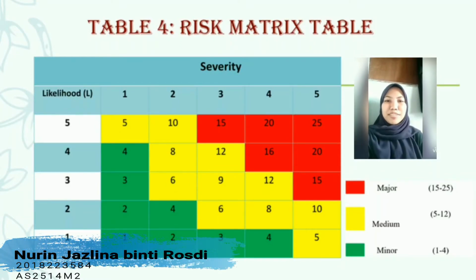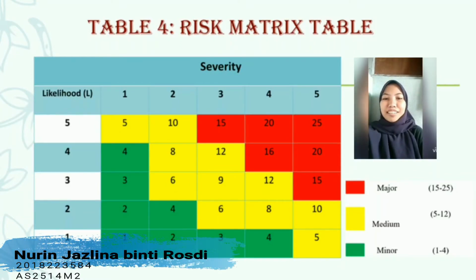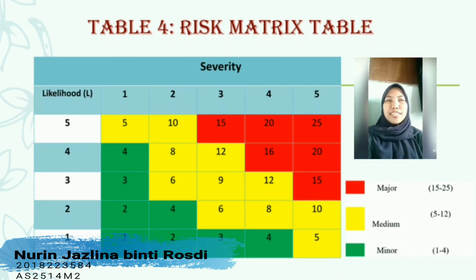Hi, I will explain about the risk metric table. We have two components, which are severity and likelihood. How do we get the value in the risk metric table? We get the value when we multiply the value of likelihood and severity.